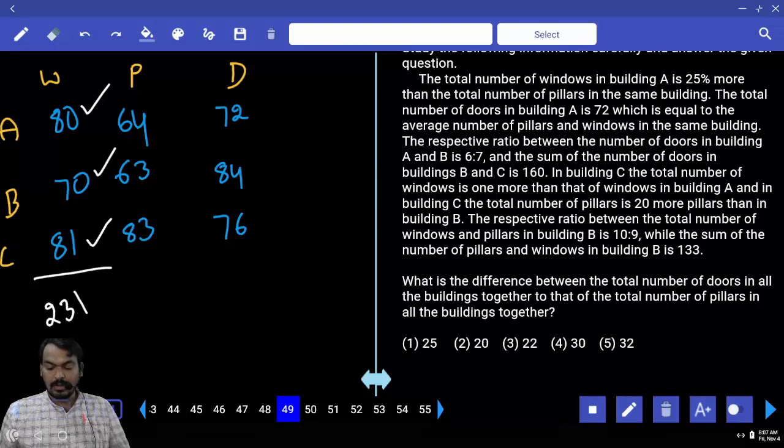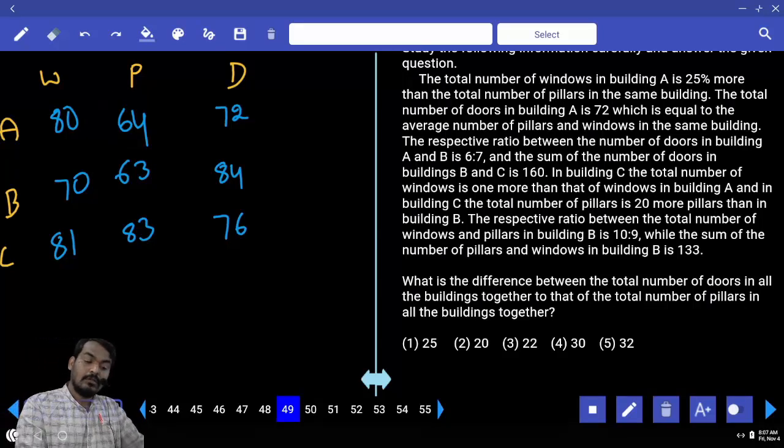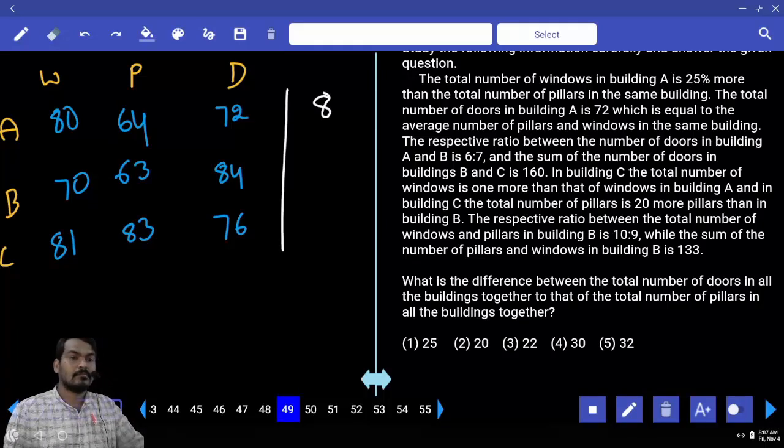Next, 49. What is the difference between the total number of doors in all the buildings together and the total number of pillars in all the buildings together? Total doors and total pillars difference, or not? Wait. In building A, what is the difference? 8, or not? Yes or no? Next, building B, what is the difference? 21. In building C, what is the difference? -7 or +7? -7.